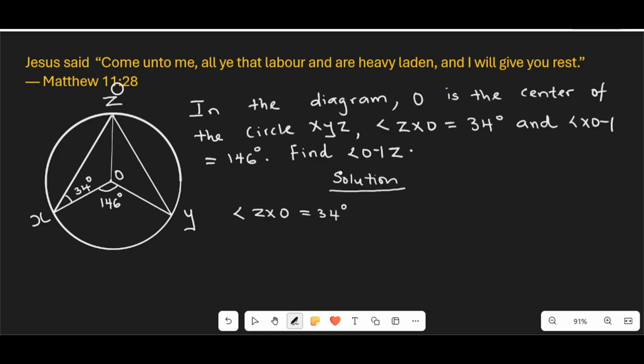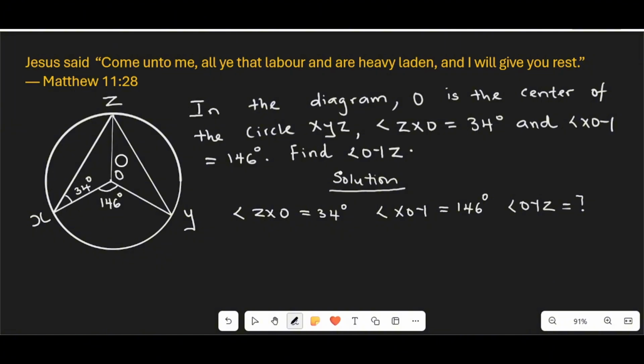Angle XOY equal to 146 degree, and we are asked to find angle OYZ, which is currently unknown.